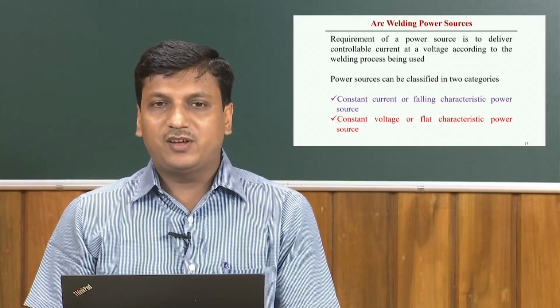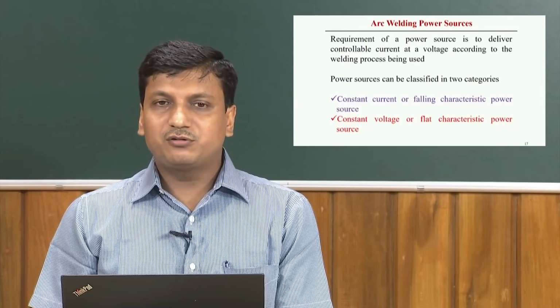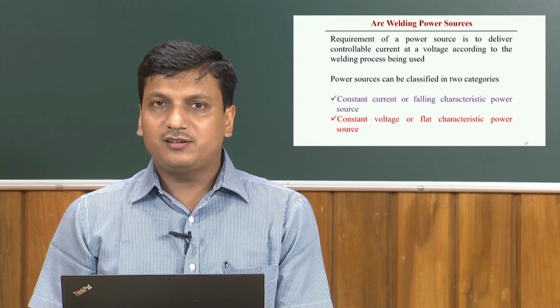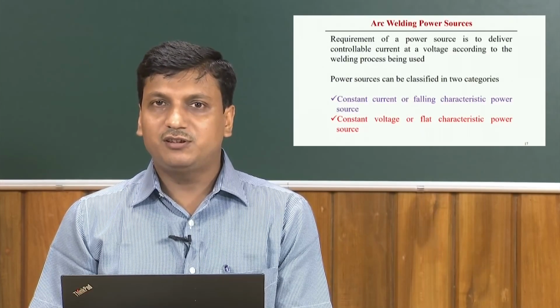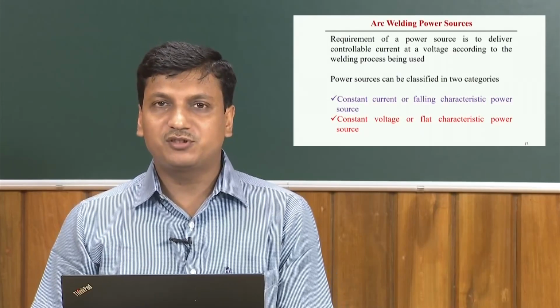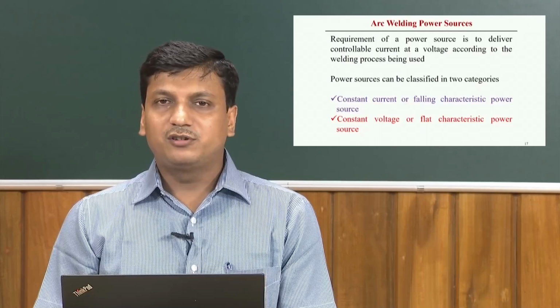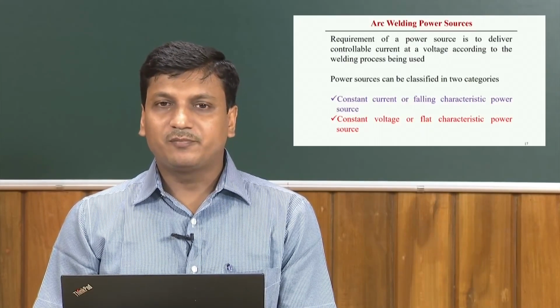Specifically in welding, the power source is used in such a way that a high amount of current and low voltage is delivered, with current may be more than 100 amps and voltage around 20 volts, as compared to the normal electrical connection.